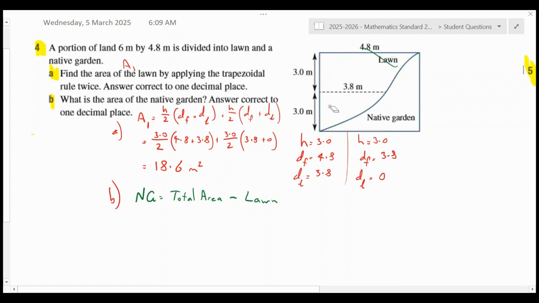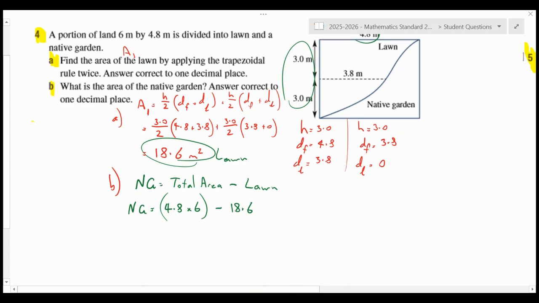We've already worked out the lawn. That was that answer right there. We also have to work out the total area, which is 4.8 by 6. So the native garden would be 4.8 times 6, because it's just a rectangle, minus the 18.6. That's all there is to it.